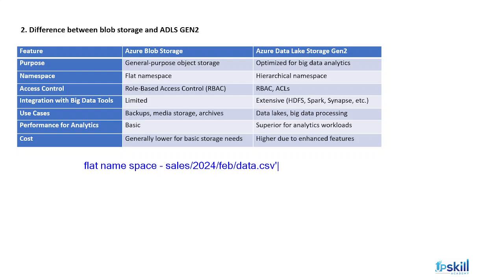How does blob storage treat this file? It treats the whole thing as one object name.